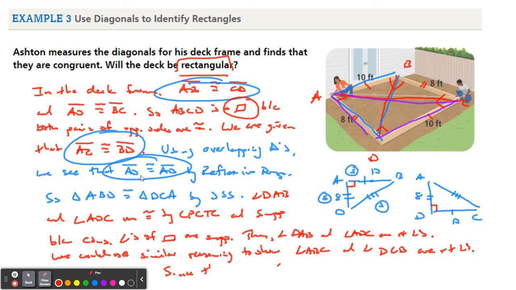And since the frame is a parallelogram with 4 right angles, it is rectangular. There you go.